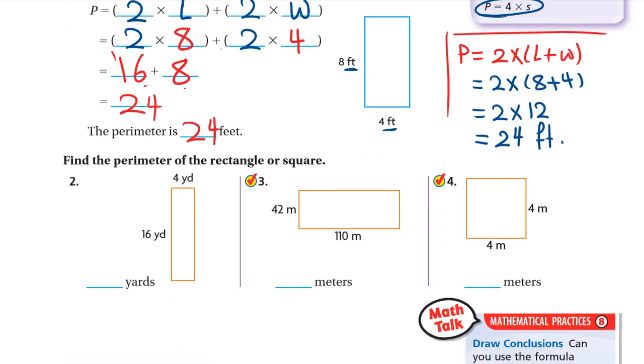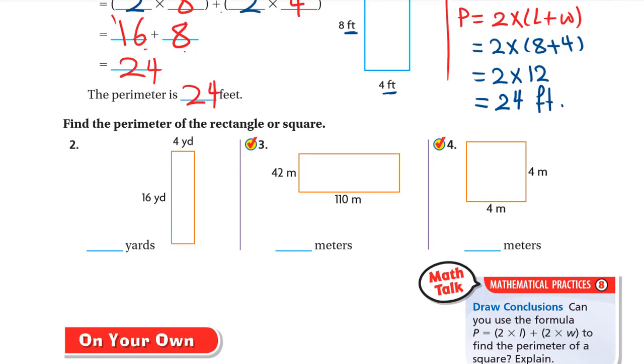Okay, so here find the perimeter of the rectangle or square. Okay, what about using this formula? P equals 2 times L plus W. So here we have the length and width, 16 and 4 yards.